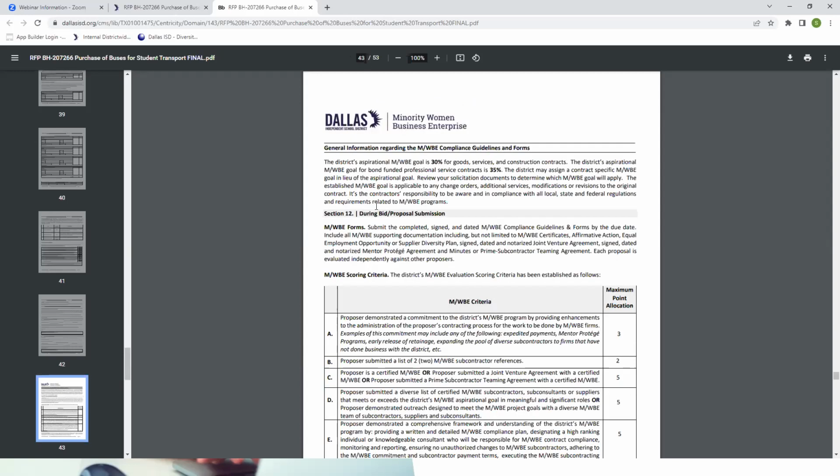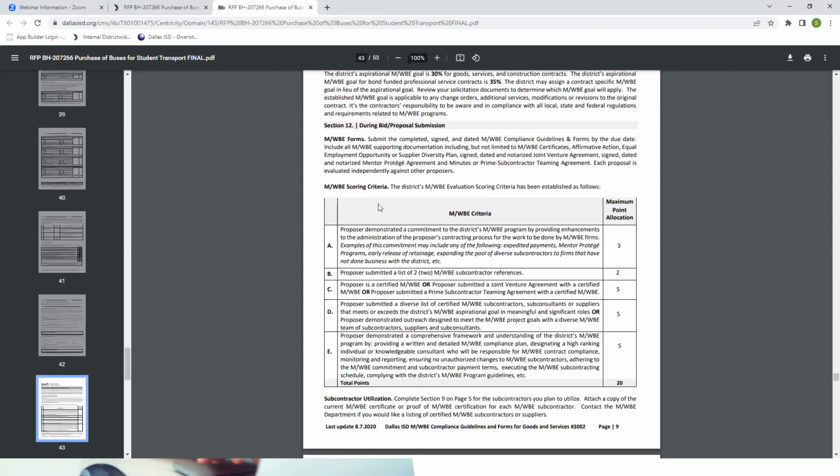Now, here is the MWBE scoring criteria, okay? These are the different numbers that go up to 20 points. I'm not going to go into great detail about these particular points, but if you have questions about it, and if we get done in enough time, I can always go back and help you understand the point allocations as they're identified.